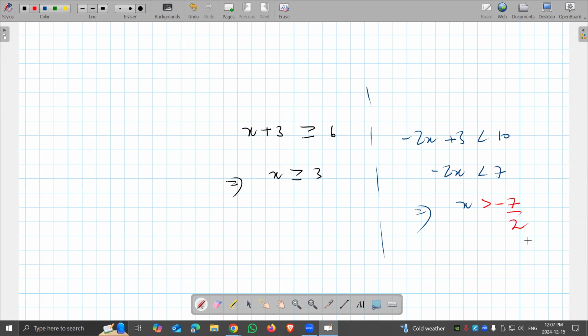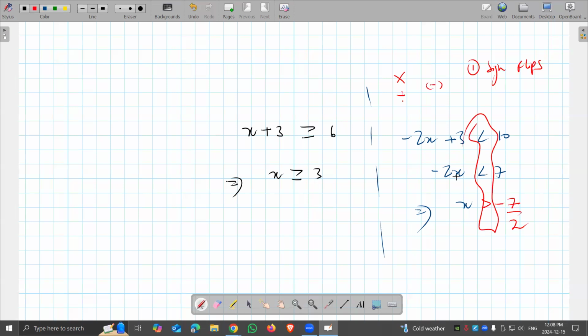So the sign flips. The sign flips whenever you're multiplying or dividing by a negative number. That's one rule. That's the only rule, to be honest. And every other time, you can treat it as an equals sign when you're doing the math algebraically.